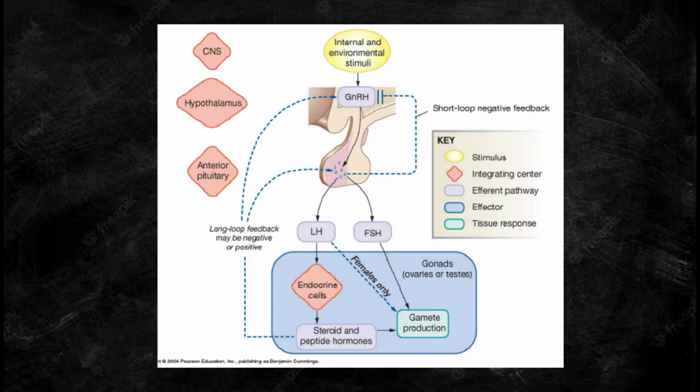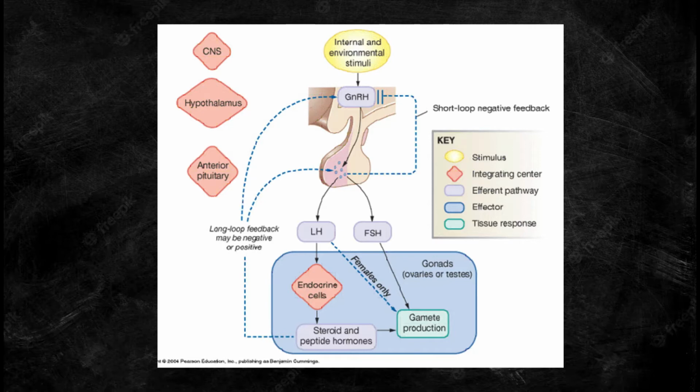Firstly, let's have a look at what happens to normal testosterone production when steroids are introduced into the body. Testosterone is produced in the testes and at a normal rate in most men. The hypothalamus releases a hormone called gonadotropin-releasing hormone. This goes to the anterior pituitary gland and splits off into two different hormones called luteinizing hormone and follicle-stimulating hormone.